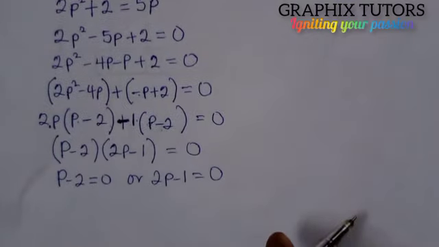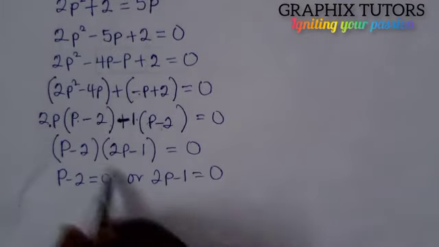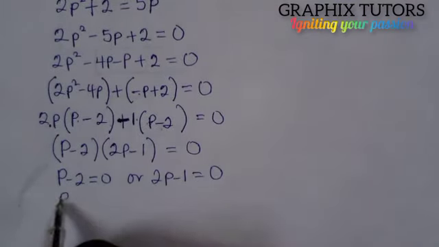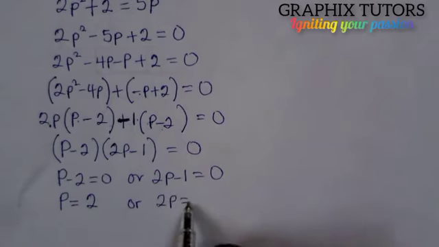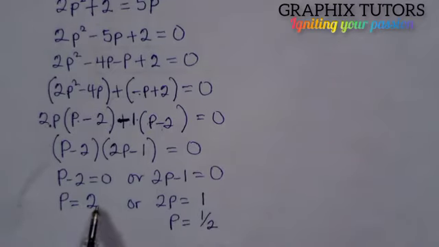So from here, if you take this p to the rest, this 2 to the other side, we have p equals to positive 2 or 2p is equals to 1. Right? Now if I make p the subject here, my p is equals to 1 over 2 or my p is equals to 2.